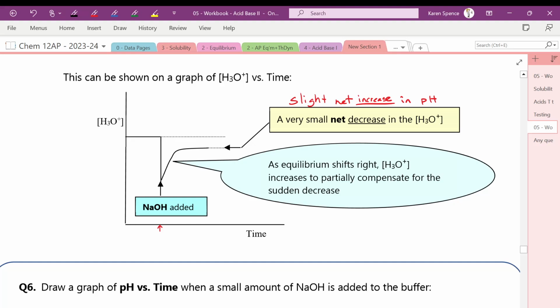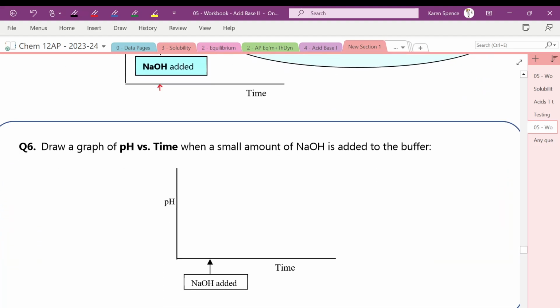Could you draw a graph of pH versus time when we add a small amount of NaOH to the buffer?